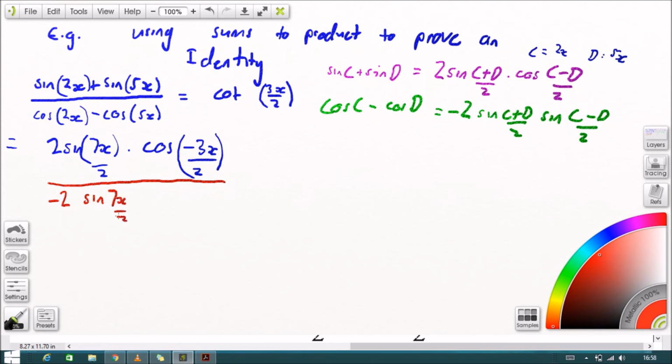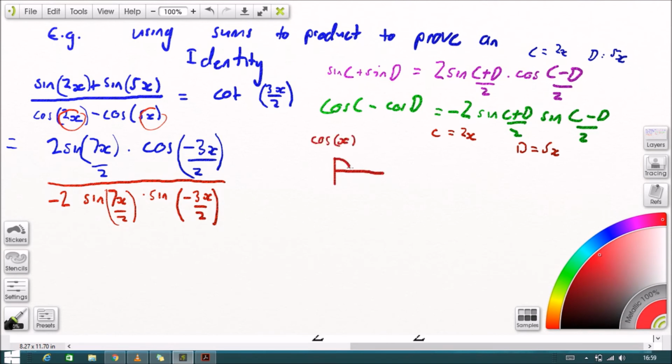The formula says negative 2 times sine of c plus d over 2, so c once again is 2x and d once again is 5x, so add them together, 7x over 2 from there, and sine of c minus d, which is negative 3x over 2 once again, just the same as the top line.